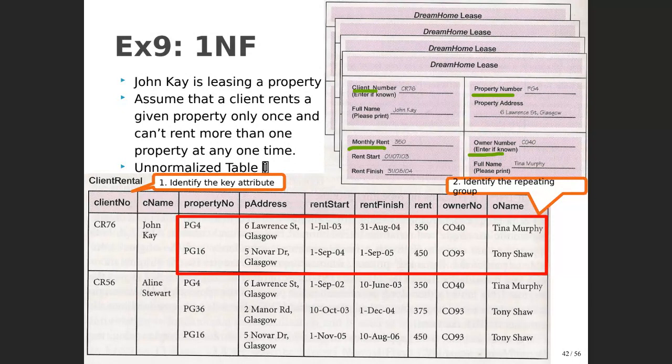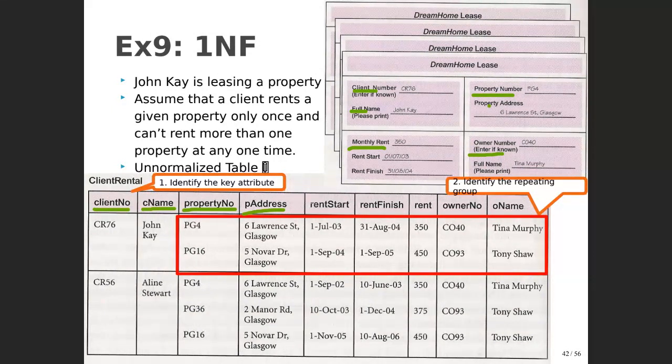This kind of data we want to put in an unnormalized table. How can we do that? We take every attribute. For example, we can change the attribute names into whatever we prefer. Client number will become client NO. Client name or full name will be C name. Property number will be property NO. Property address will be P address.